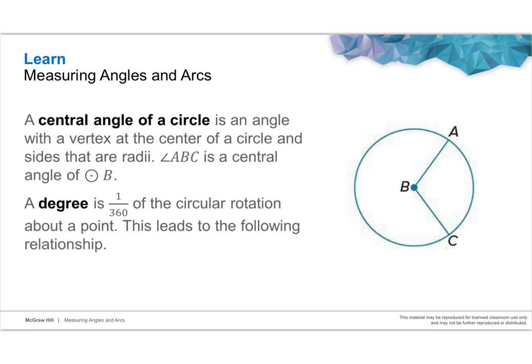We also have angles being measured in degrees, which we've already used in other units, but on a circle, it is 1/360th of the rotation around a point, which leads to a relationship that we should know.